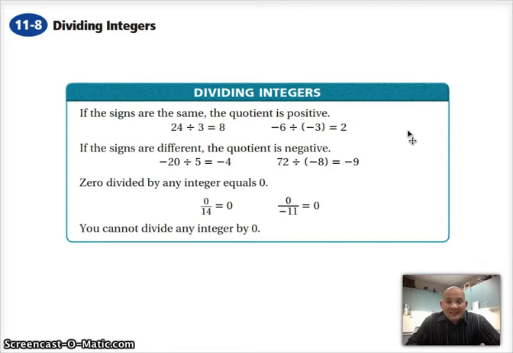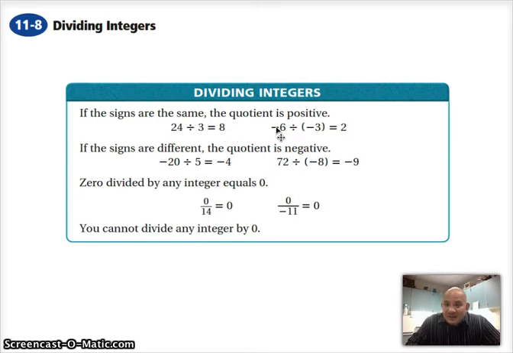I want you to go ahead and copy this down. Dividing integers. If the signs are the same, the quotient is positive. So here we have two equations where we have a positive number divided by a positive number. And we know in our experience over the last 7 years that when we do that, we come up with a positive number.